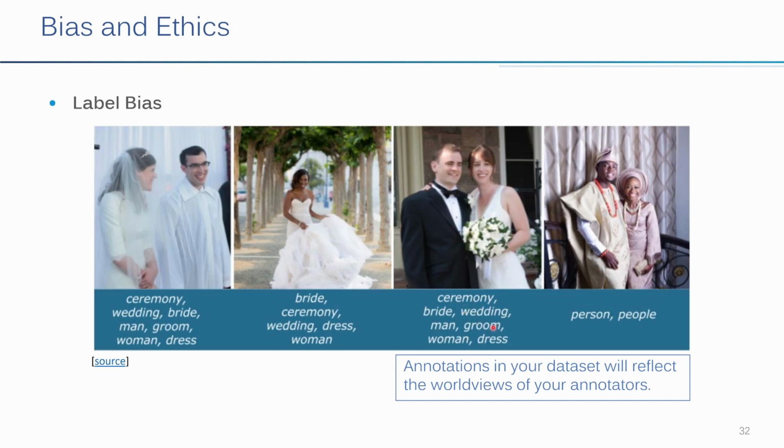And then photos with a different ethnicity would be categorized simply as person, people. So this would happen most likely because of the data that they use, and it was annotated that way. It doesn't make it right though, but depending on how you annotate your data, this will reflect the views that you have as an annotator. And this, needless to say, can be quite problematic for representativity and other related issues.